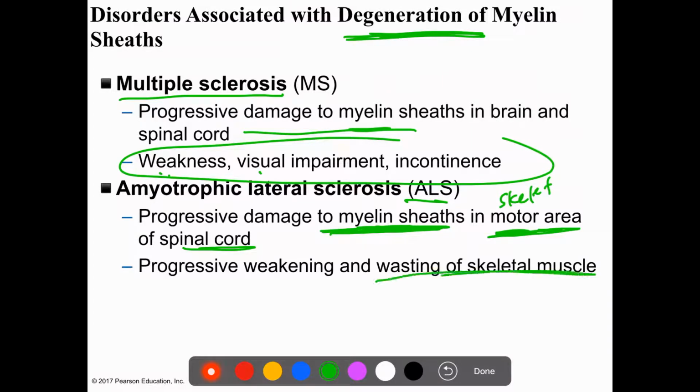So here we will lose the skeletal muscles. Usually these patients will lose their ability to move, or to sit, or to use any of their limbs. With the multiple sclerosis, it's more general for sensory and also for motor. But with the ALS, it's more of the motor area.